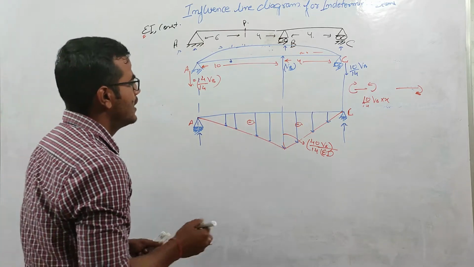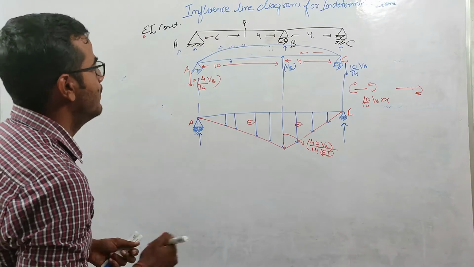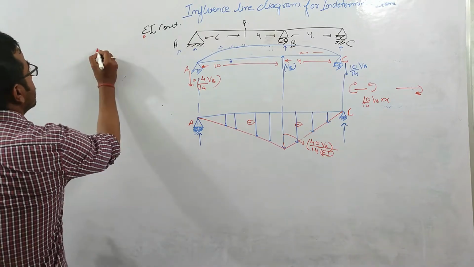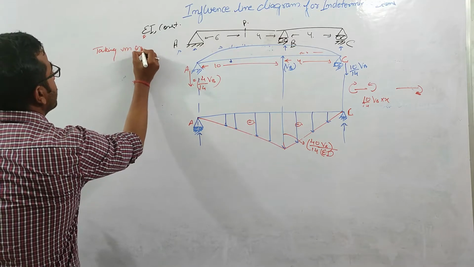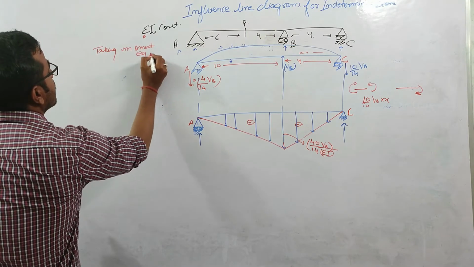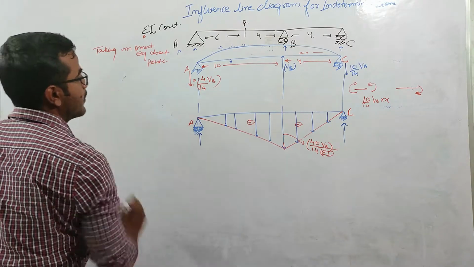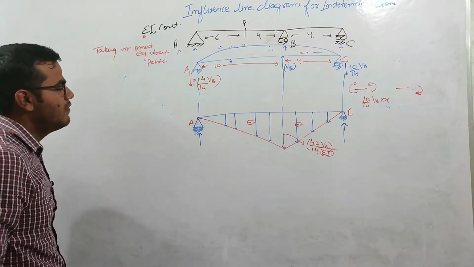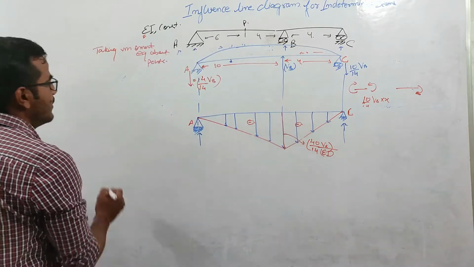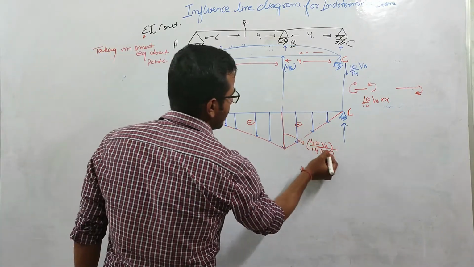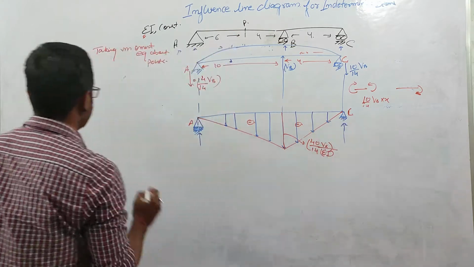Now let us calculate the moment about point C. We'll take moment equilibrium about point C. Due to this loading, the moment at C will be anti-clockwise.